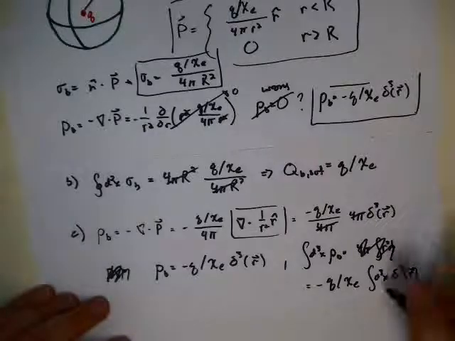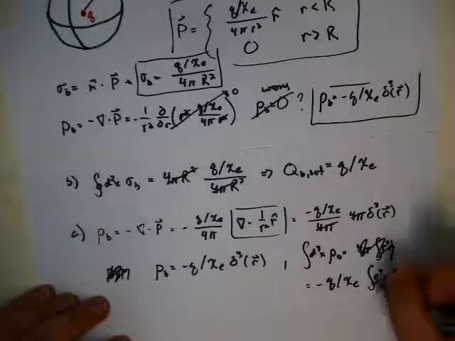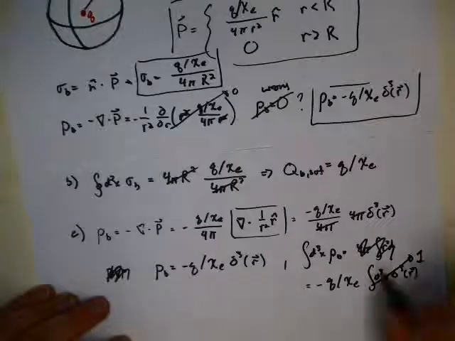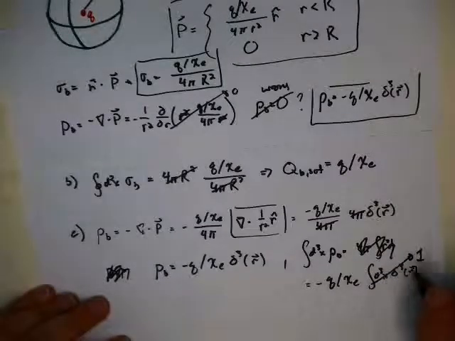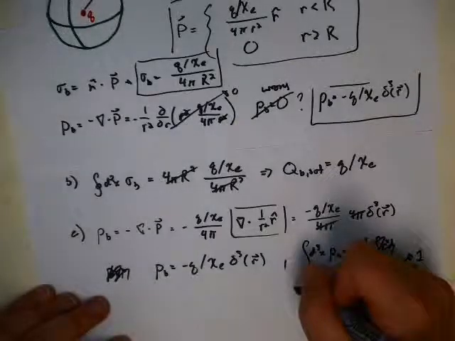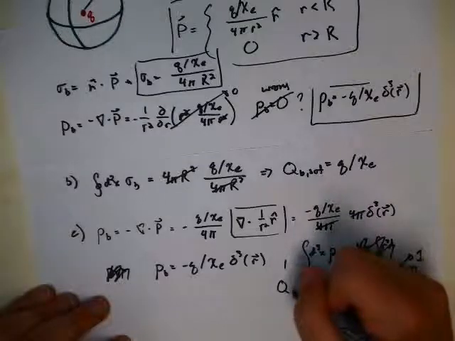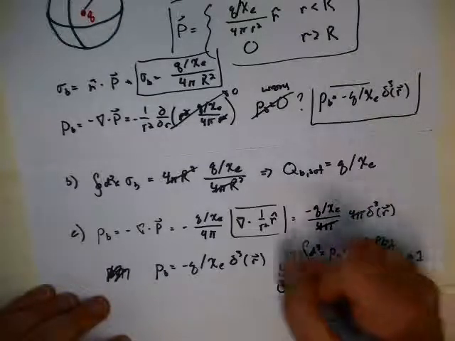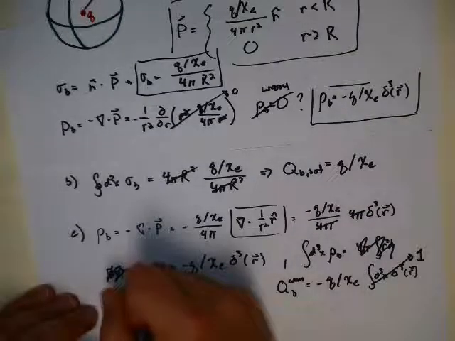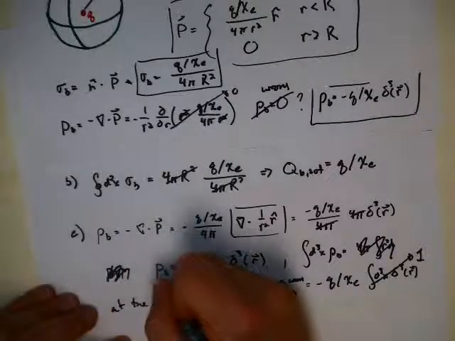Since my integral will contain the origin, this is just going to give 1, because that's how we define the delta function. The volume integral of a three-dimensional delta function is 1 if that volume contains the point. And so this will be the compensating charge, Q b compensating. And so it's at the origin.